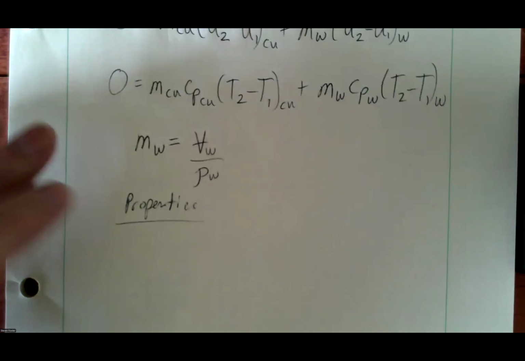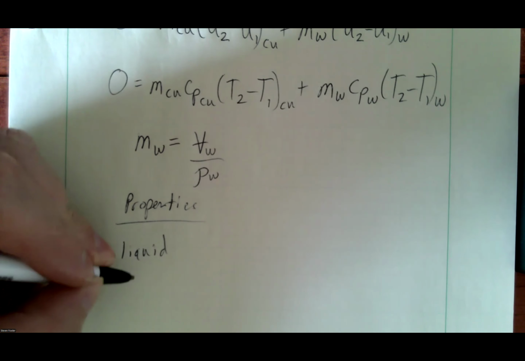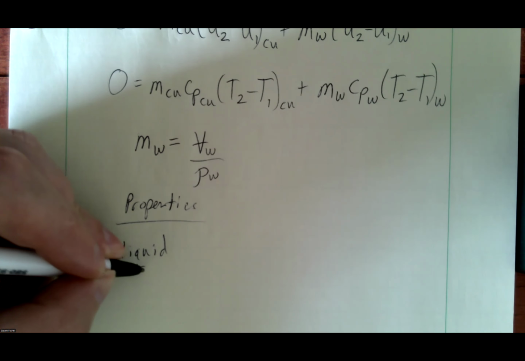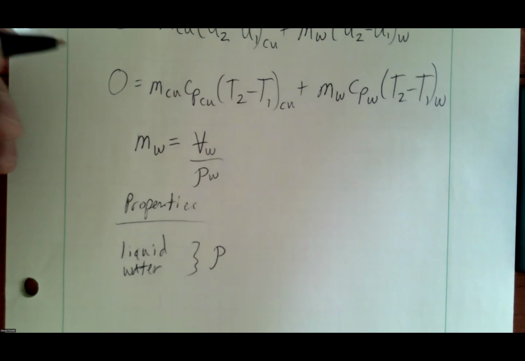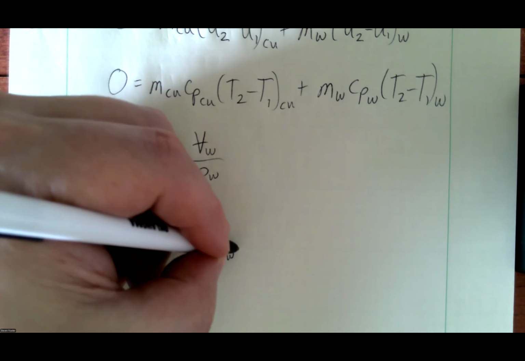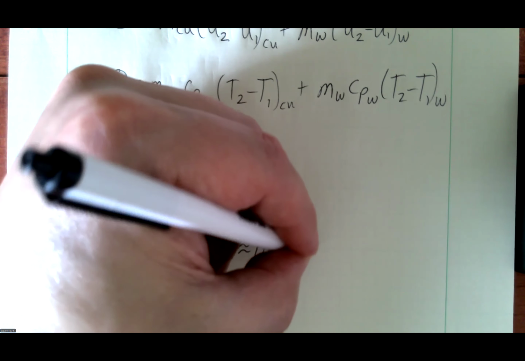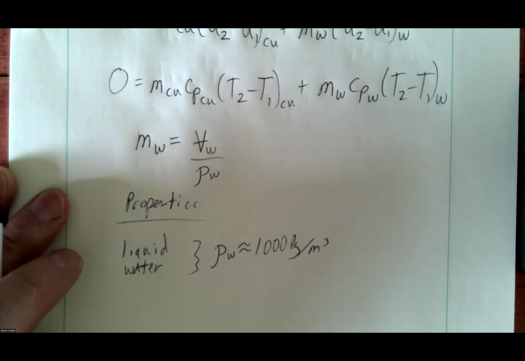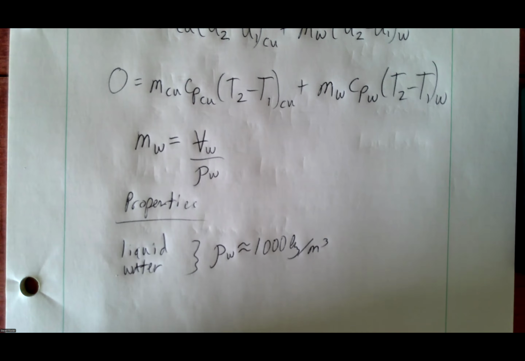Properties. The fact that I've got liquid water alone is enough to tell me the density of the water, and this is in metric units, is about 1,000 kilograms per meter cubed. That would be sufficient. It's like 999 something, depending on the temperature.